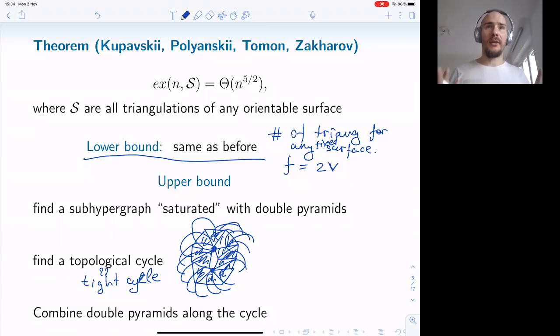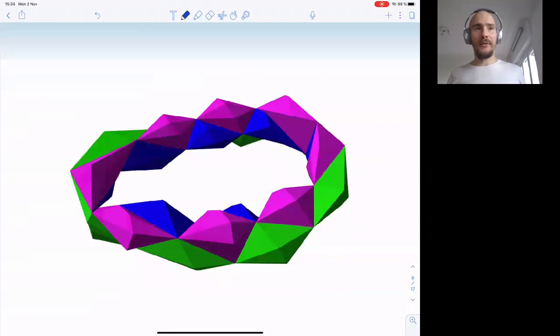So this is a very, very rough sketch. The picture that we'll get would look roughly like that. These are the double pyramids glued along the cycle. I'll specify in a second what I mean by gluing along the cycle. The colors here are just for convenience.